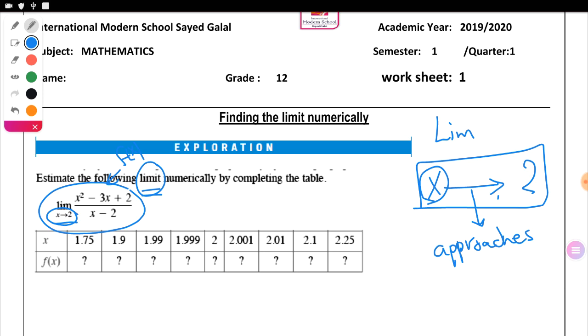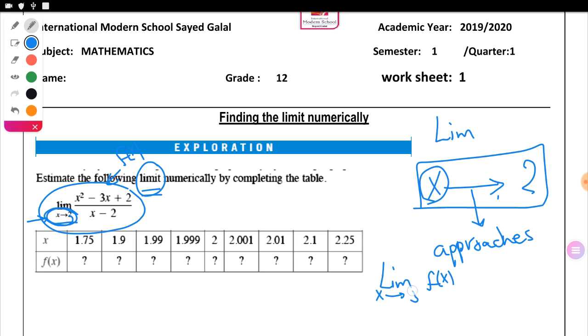Okay? For the rational function x squared minus 3x plus 2 over x minus 2, you will read this line later. When x approaches 2, I have to write what? Limit, look here, f(x), when x approaches to what? 3 or any value a.